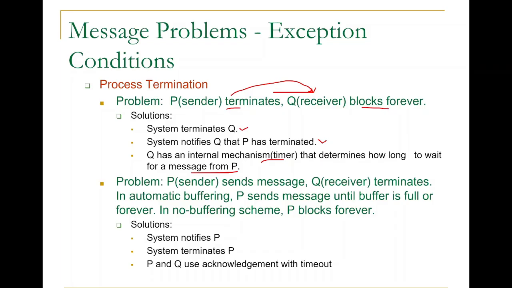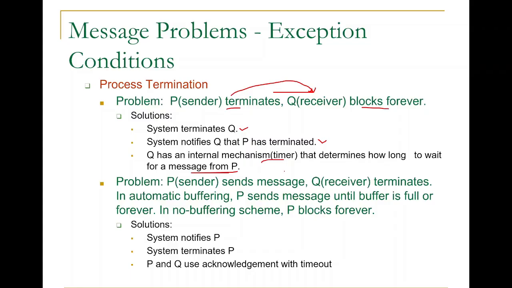Now, in automatic buffering, P sends messages until the buffer is full or forever. In a no-buffering system, P blocks forever. In an automatic buffering system, where there is a location for it to keep storing, it keeps sending messages because it has not received any information from Q that it has received what was sent.